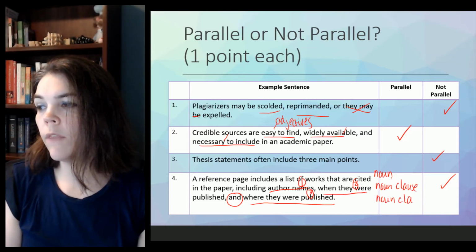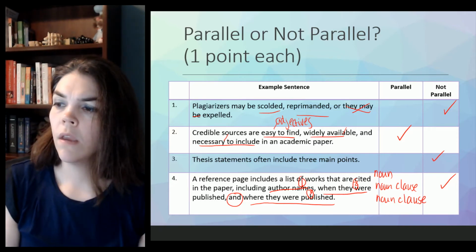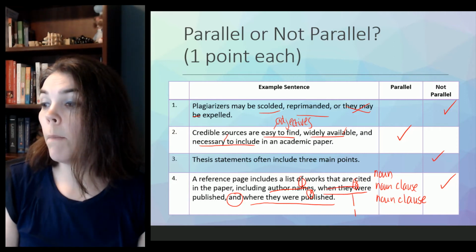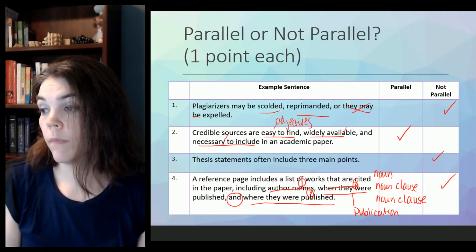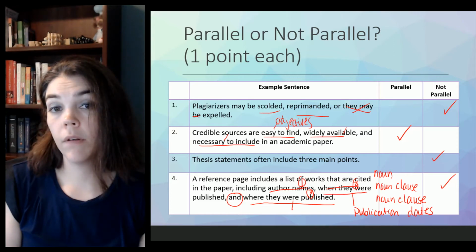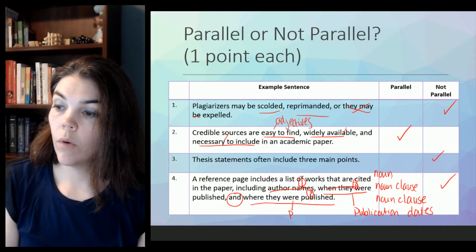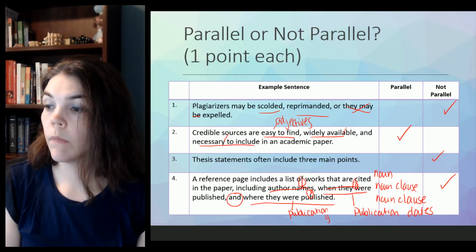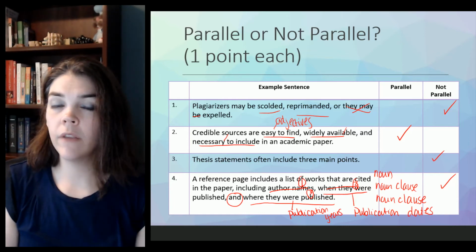Now we can make this flow much better by saying including author names. How about publication dates? And then, how about that one? Publication years or years of publication. Okay, something like that. But noun clause, and noun clause is not parallel.